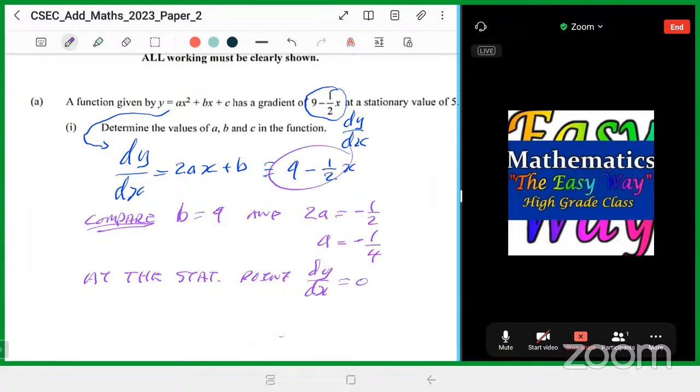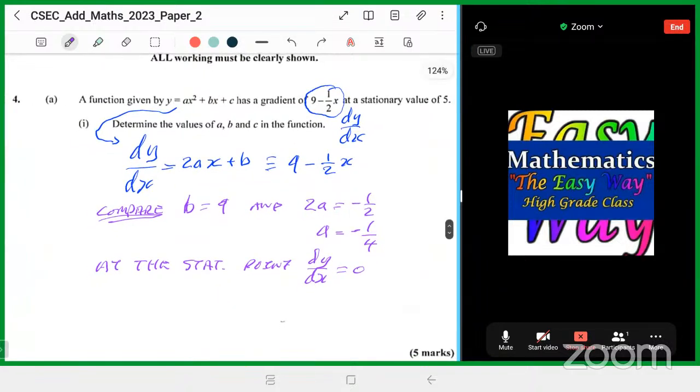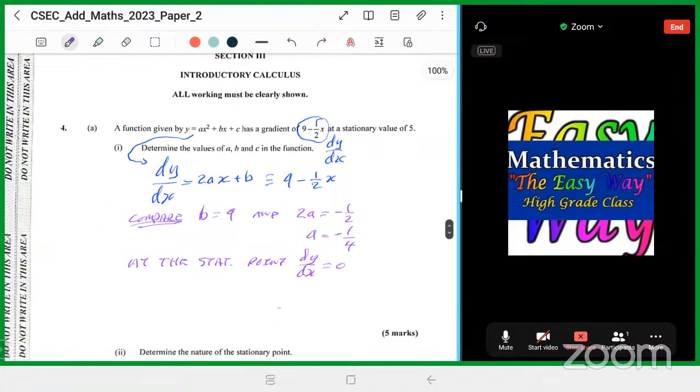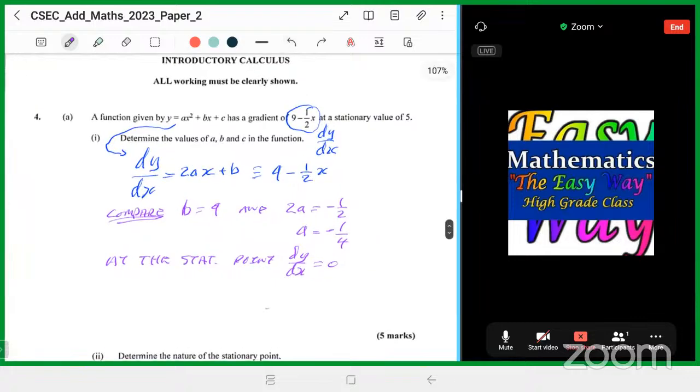So this is equal to 0. If that is so, then this is equal to 0. So let's shift this around. I'm going to write 9 minus half x equals 0. So x is going to be 18. For this to be 0, x has to be 18.